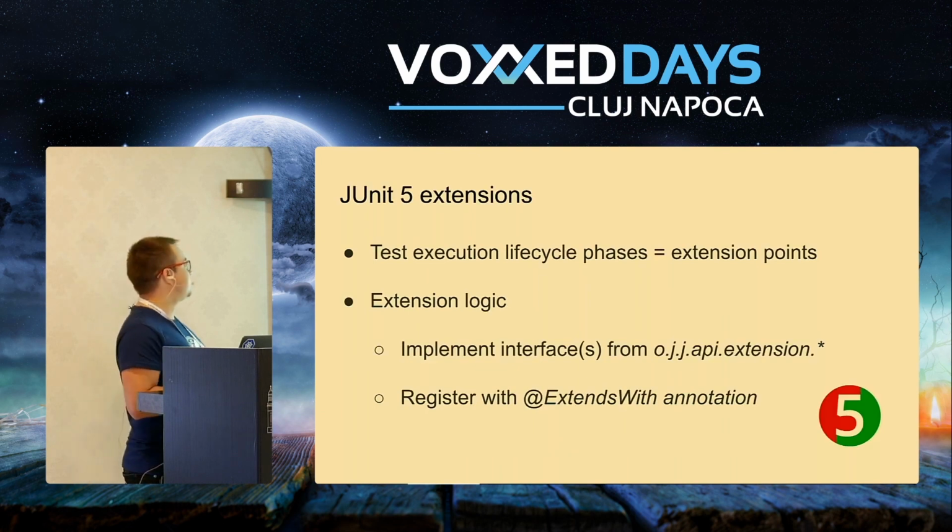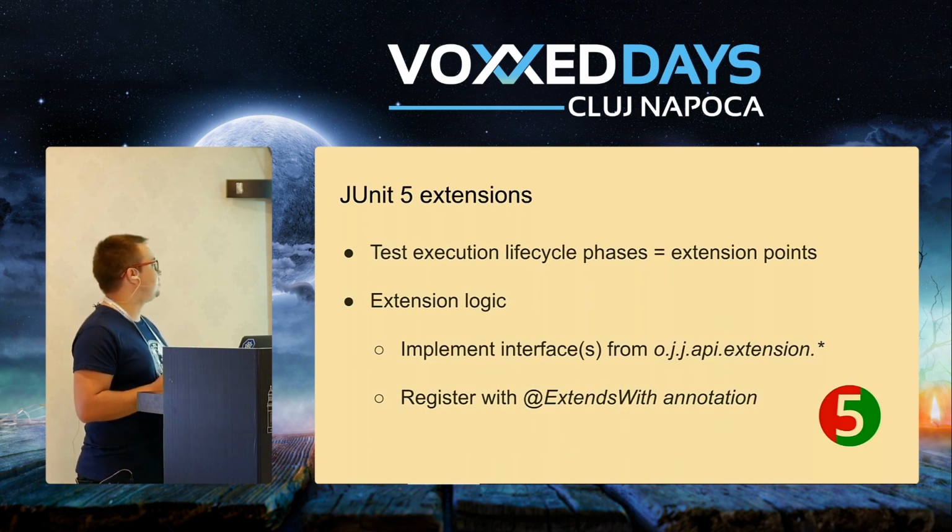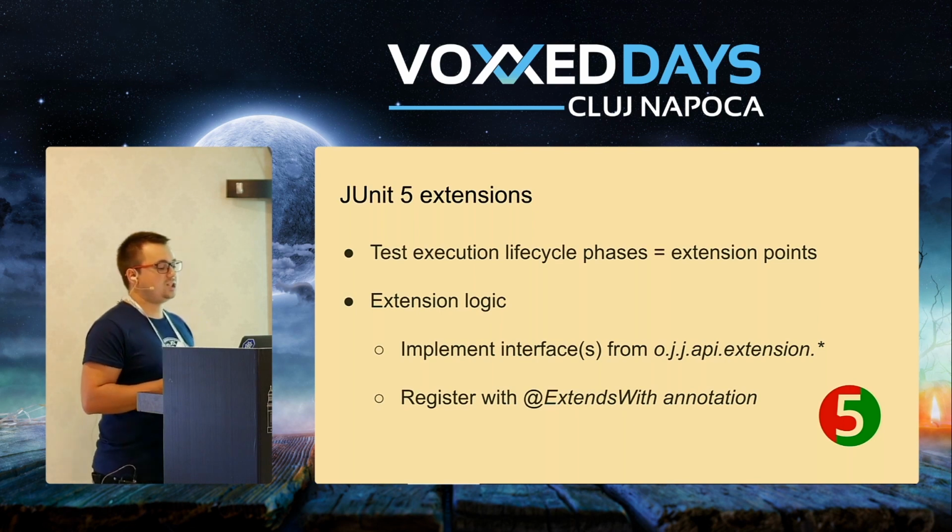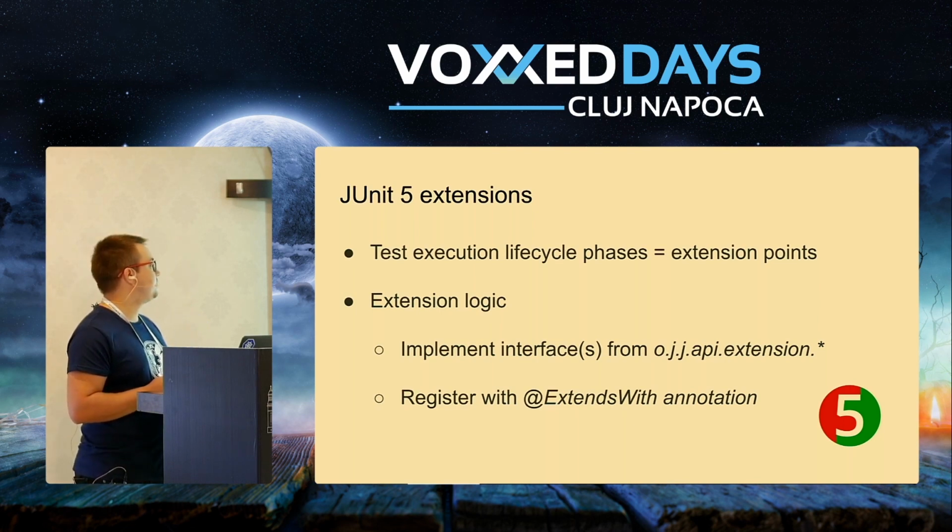Okay, let's talk a bit about JUnit 5 extensions. This is the new, or reworked, feature of JUnit 5. Basically, there are test execution phases, and each phase is an extension point, where you can customize the behavior. And how do you provide extension logic?